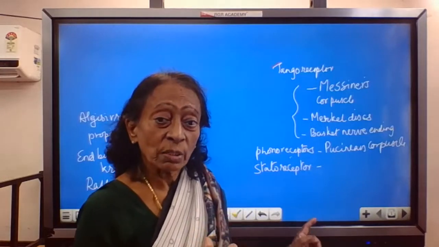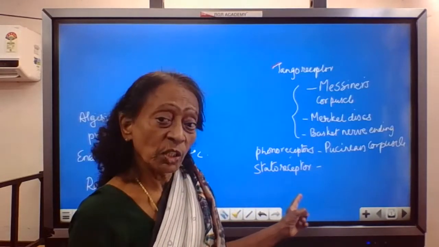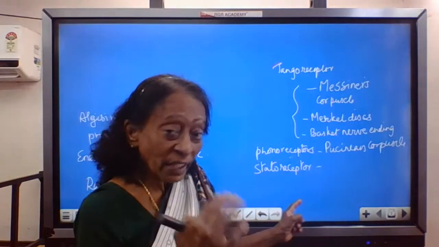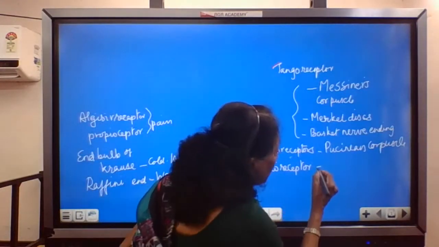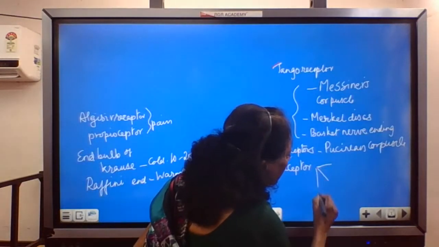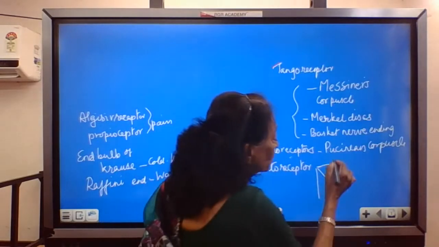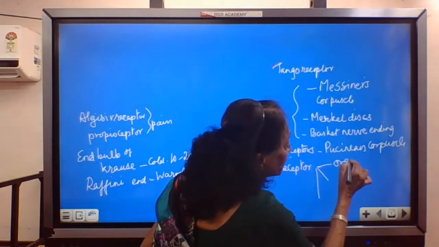Under statoreceptors, you have the receptors particularly in the inner ear: the organ of Corti, cristae, and maculae. This is the inner ear.